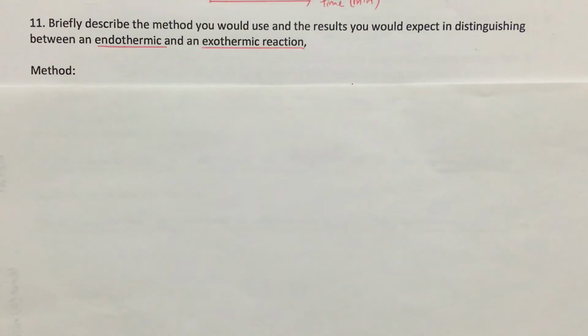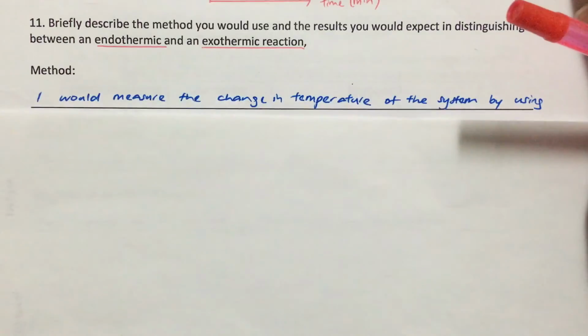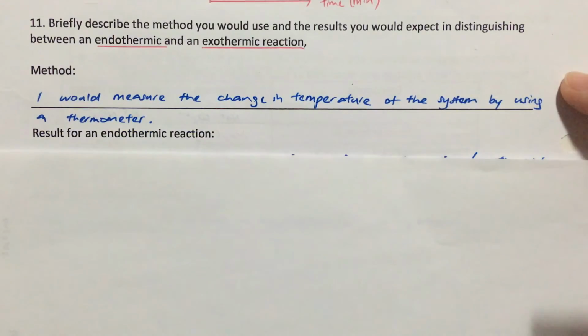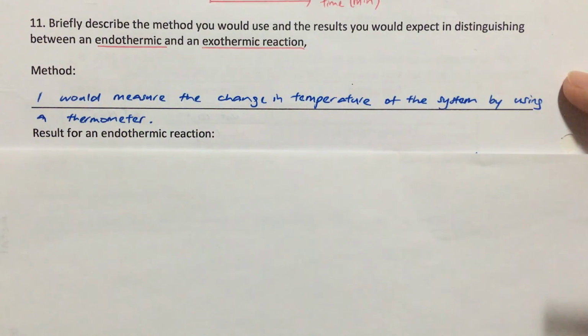Next, how will we differentiate between an endothermic reaction and an exothermic reaction? The most important thing that we can observe is the temperature. So we would measure the change in temperature of the system by using a thermometer. Let's say it's an endothermic reaction. What would be the result?